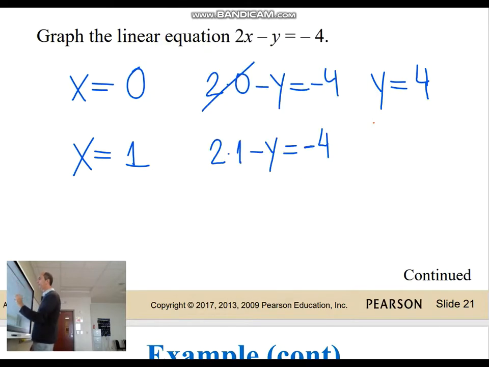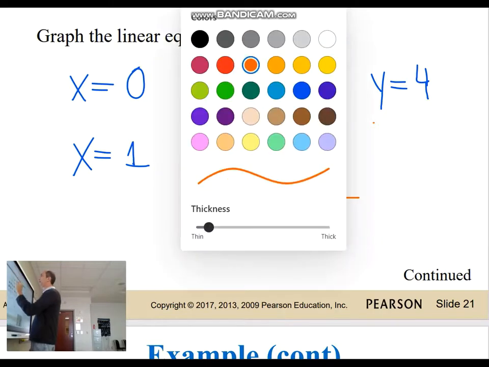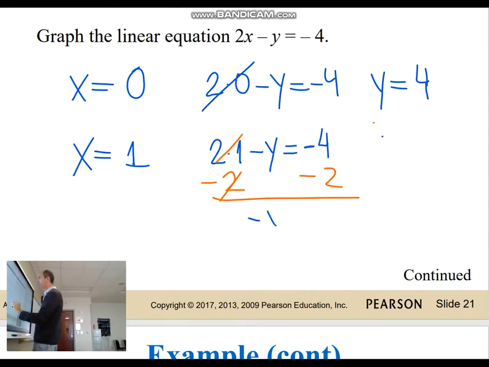To find the solution for y, the first thing you have to do is subtract 2 on both sides, and then we will have negative y equals negative 6. Negative y equals negative 6, y equals 6.